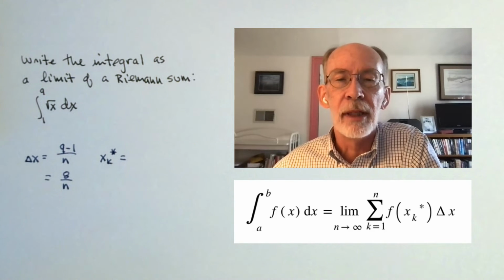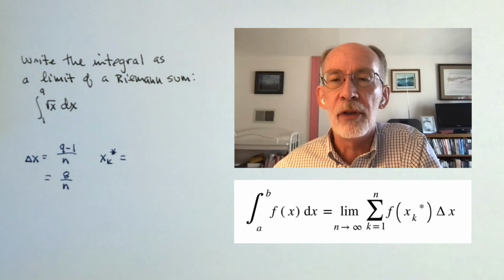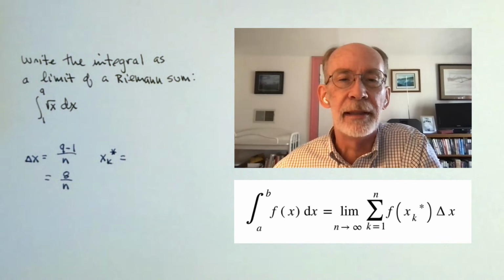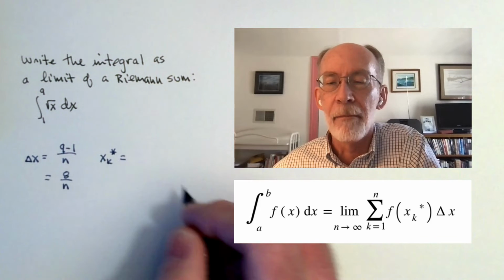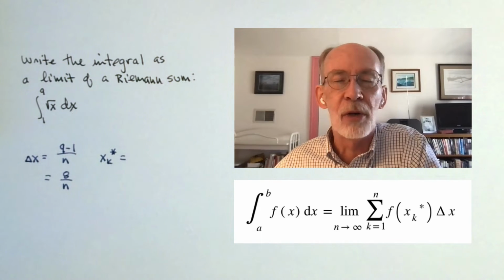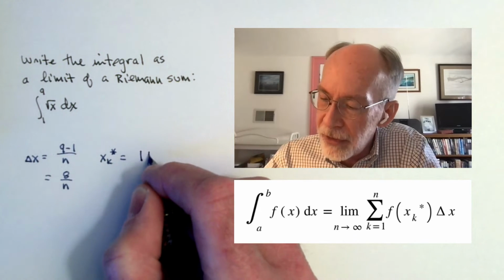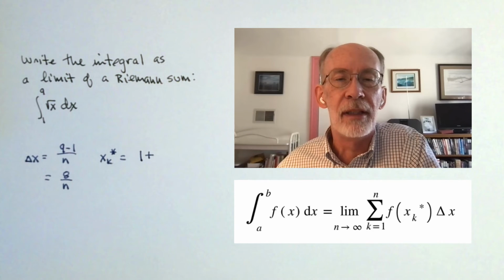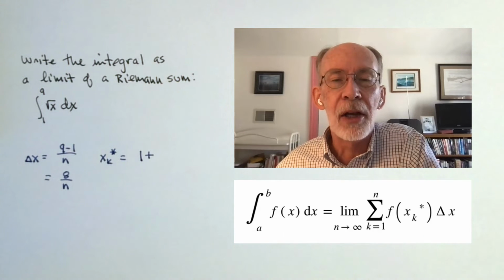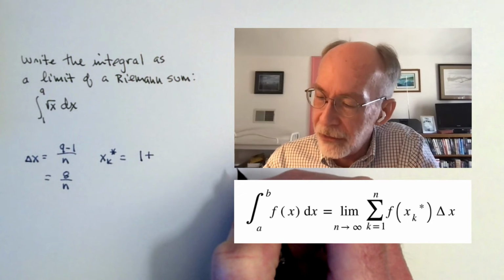The right endpoint is the play that I always choose if I'm given the option to choose, because it's the one that is the least complicated algebraically. And to get to a right endpoint of one of these subintervals, I just start at 1, which is the left edge of the entire interval, and I go the right number of delta x's.